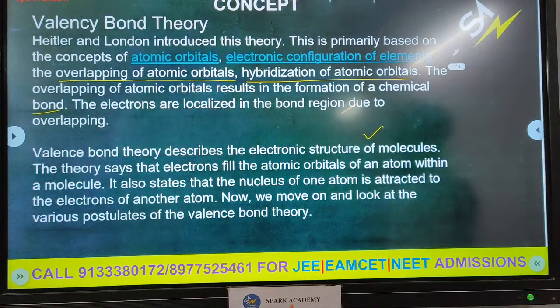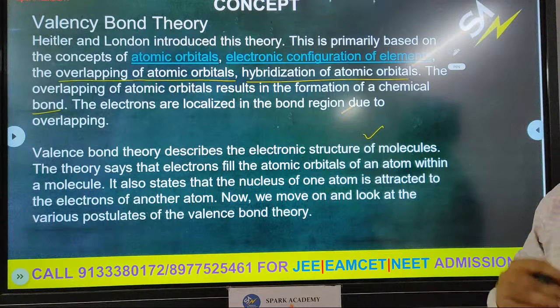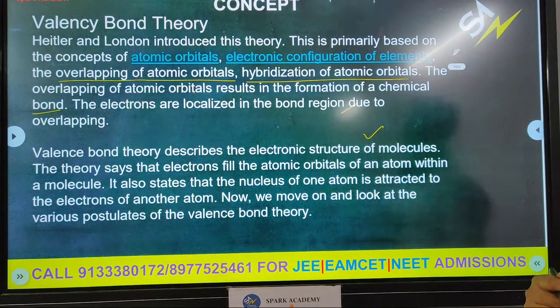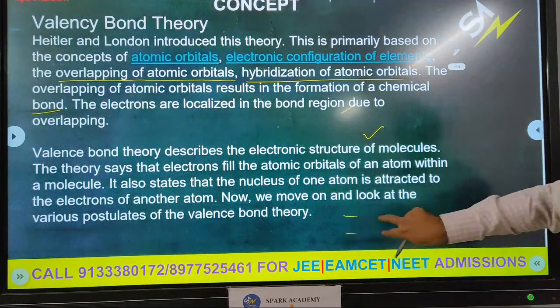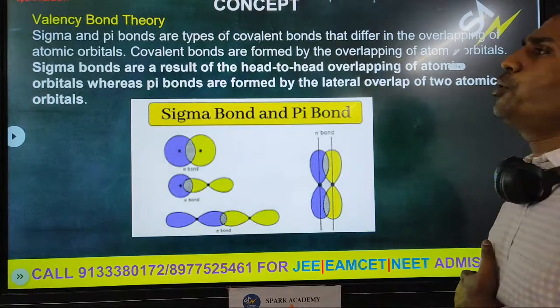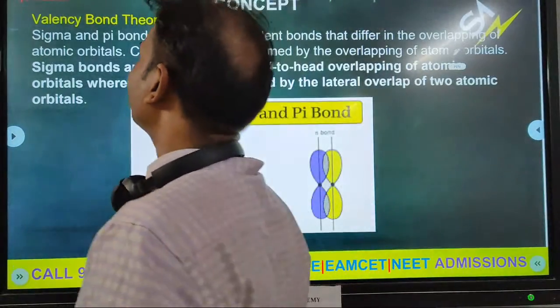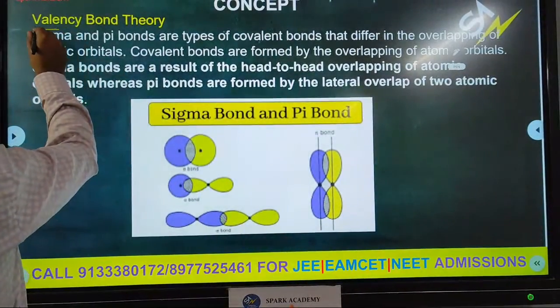Meaning there is attraction between the two atoms, and at the same time repulsion is also present. Now we move on to the various postulates of VBT, valence bond theory. Before the postulates, we see once again what the valence bond theory is.